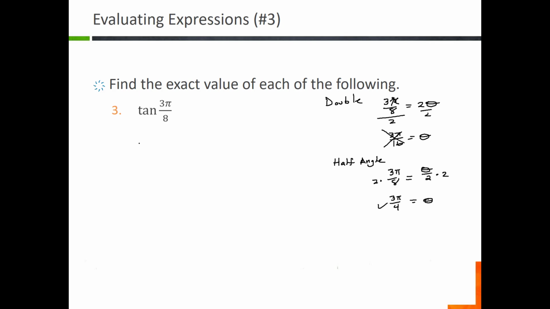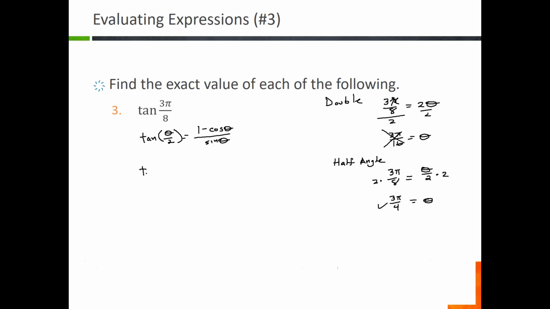And so we know that the tangent of theta over 2 will be equal to, and in this one we have a couple different options, let's just do the first one, 1 minus the cosine of theta over the sine of theta. And in this case, theta is 3 pi over 4.